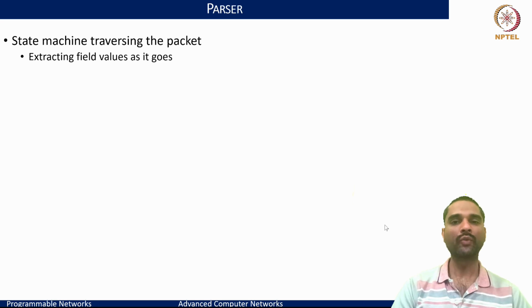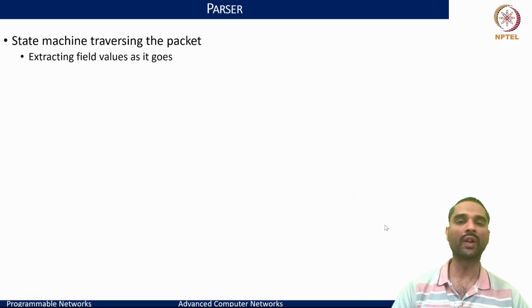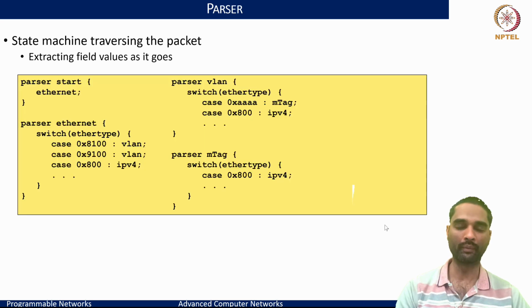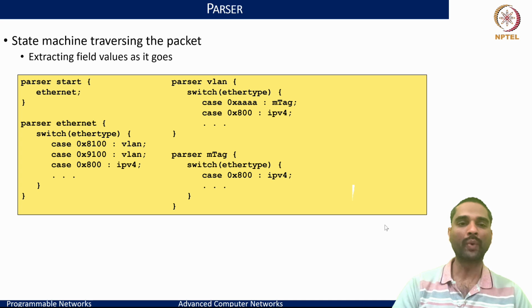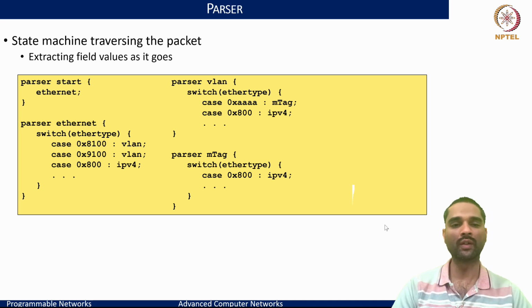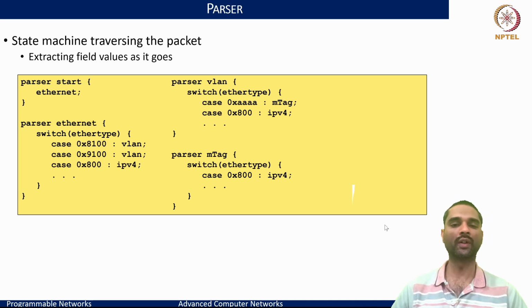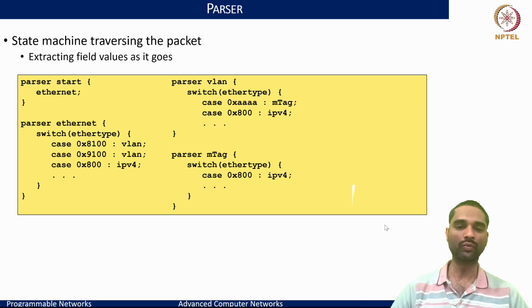Next we would want to write a parser for such a header, where we extract the field values as the packet progresses. For parser start, basically you would extract the Ethernet header and say what to do.